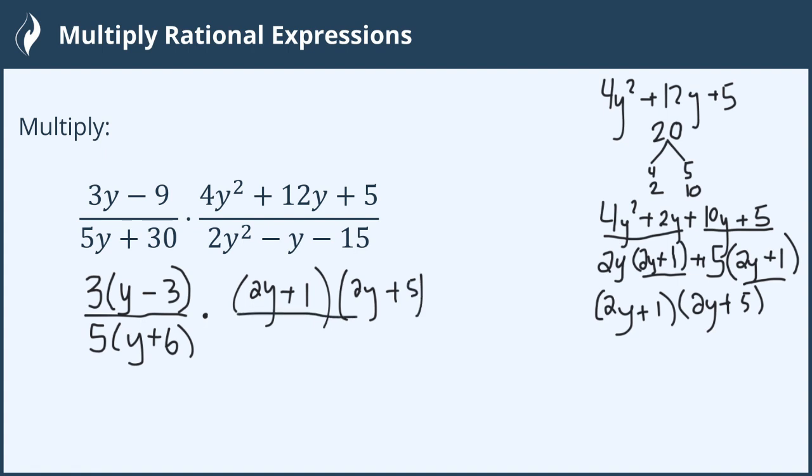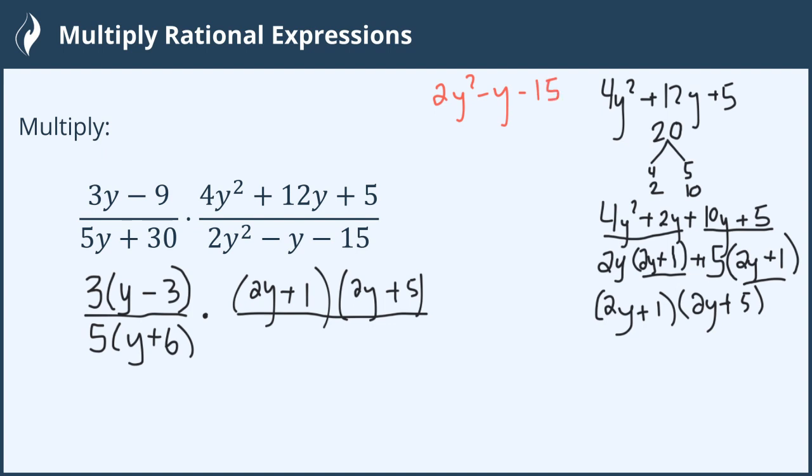Now let's do the same thing in the denominator. I'm going to change colors here. Let's come up here so I have a little bit more space. I'm going to do 2y squared minus y minus 15.